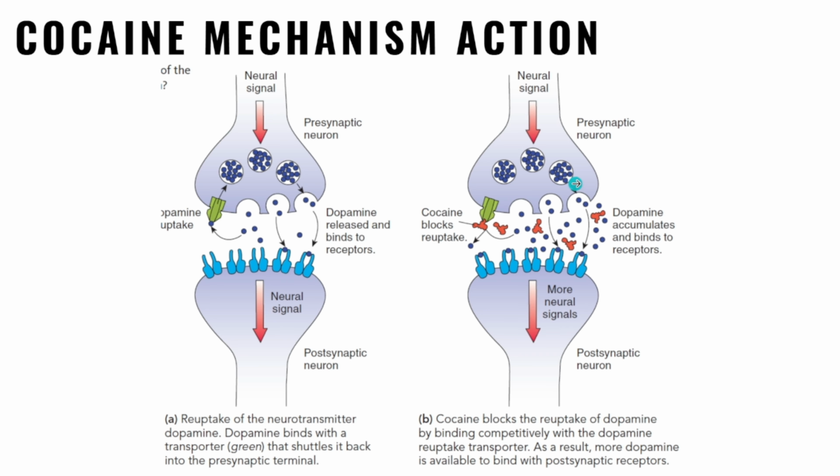Maybe in a normal situation, it releases 10 dopamine and you have 10 dopamine receptors. But now, because you consumed cocaine, 100 dopamine is accumulated here and you only have 10 receptors, and in one minute it will bind 10 times, 100 times. So your body reduces the dopamine receptors.